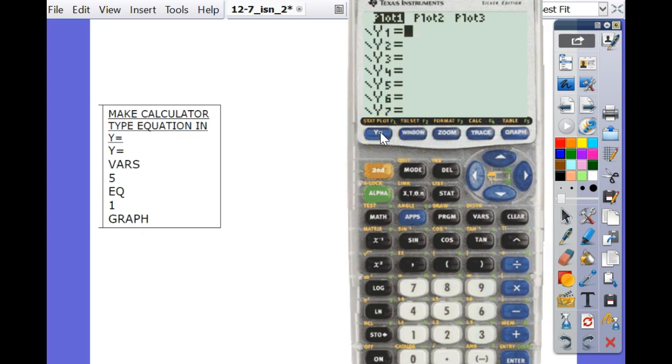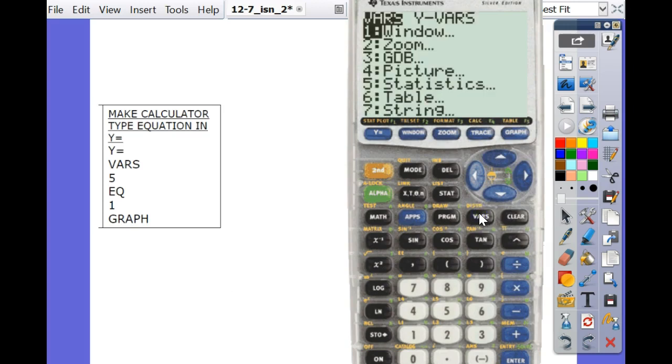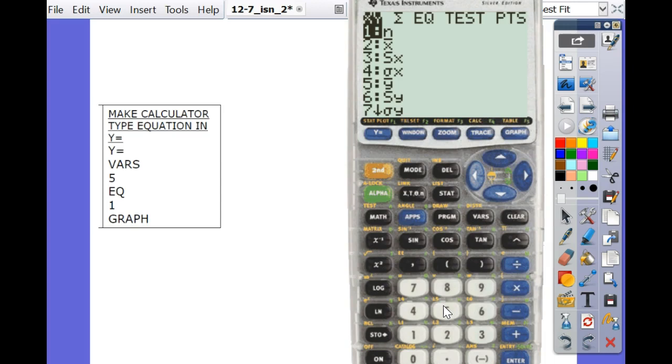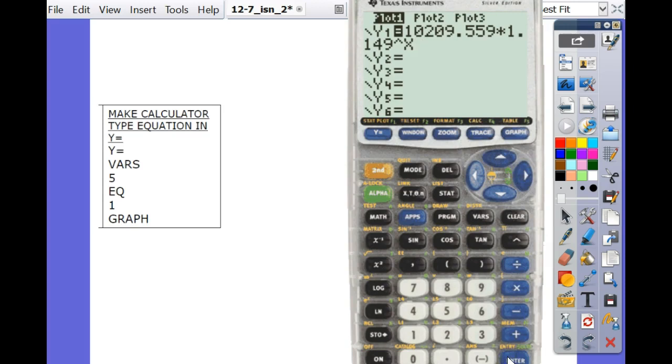Okay, I'm in y equals, and I'm going to push this button right here that says vars for variable. We got the equation by using the stat button, that's statistics. I'm going to choose 5. Arrow over twice because I want an equation.